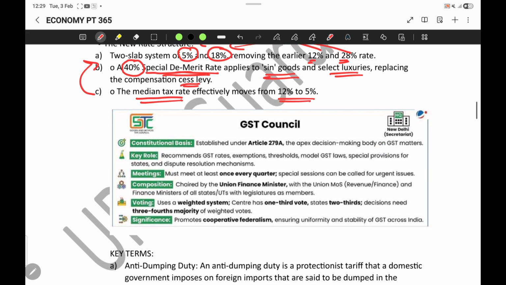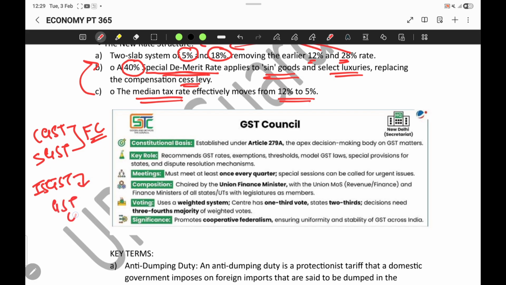Is this enough? No, we have to know the formation of the GST Council. And one thing, please note down: there is central GST, state GST, and integrated GST. These two GSTs, CGST and SGST, are based on the recommendation of the Finance Commission, and IGST is based on the recommendation of the GST Council, which is very important.